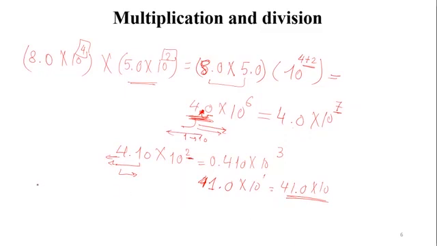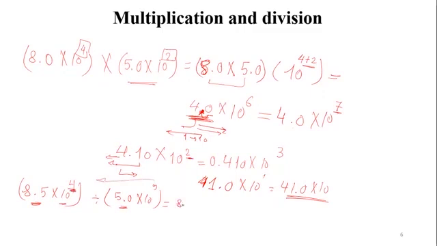Now moving to division. If I want to divide something like 8.5 multiplied by 10 to the power 4 by 5.0 multiplied by 10 to the power 9, in that case, I will divide this number by this number, and for the tens, I will subtract the 9 from the 4.